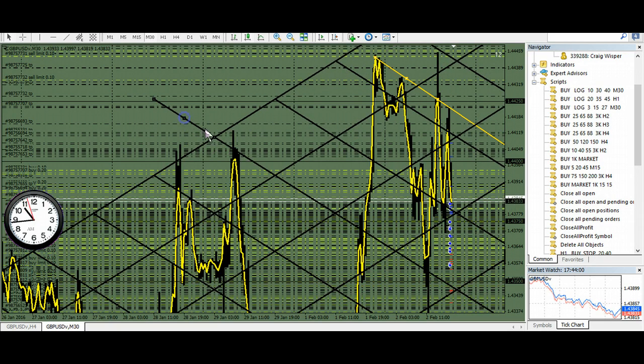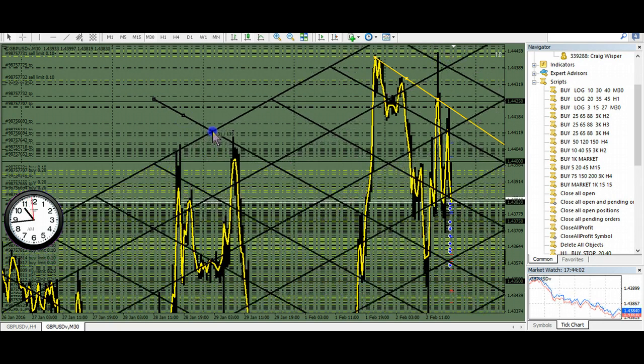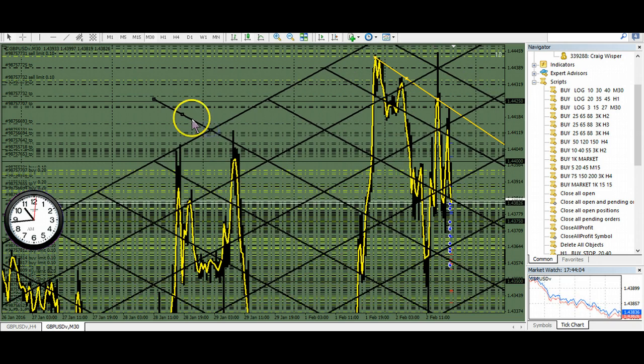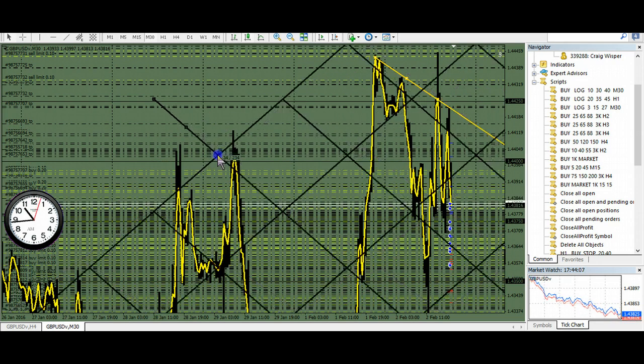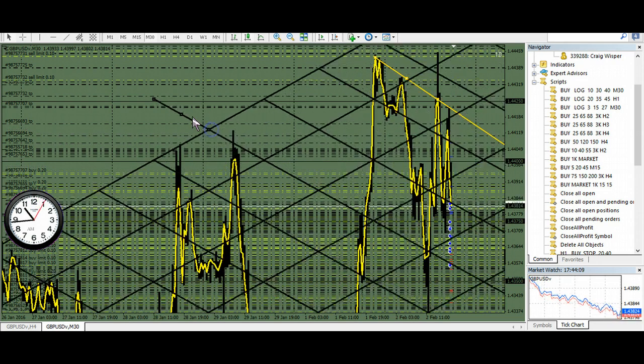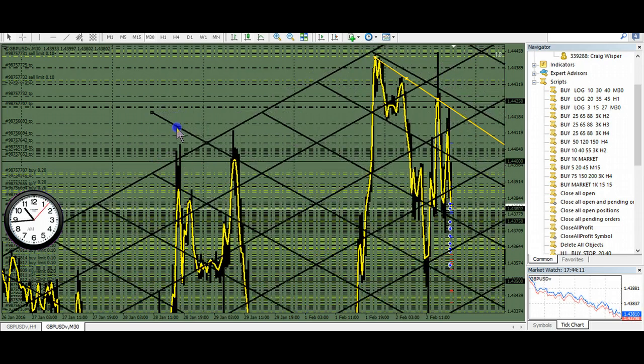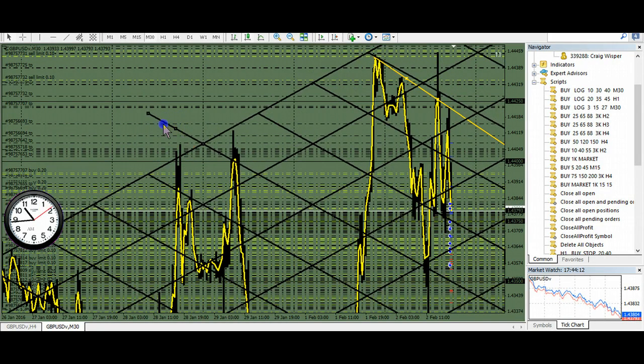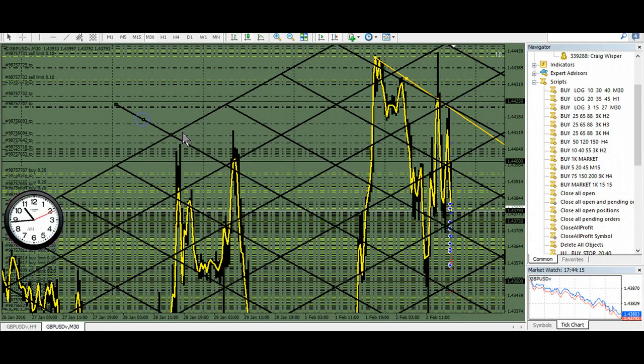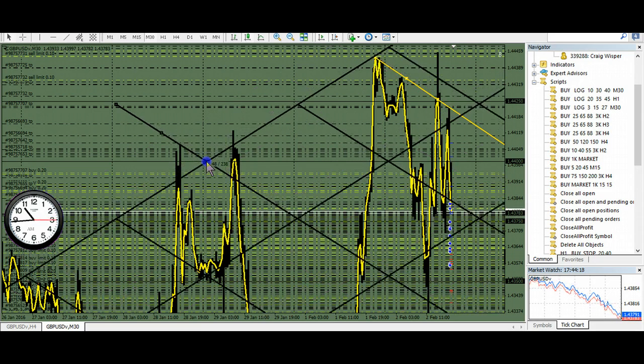If I made this diamond 20 pips, then you'd be climbing up like a channel that is like 10 pips per, well, this is a day here, so if you move it to these two corners, it would be 20 pips a day.